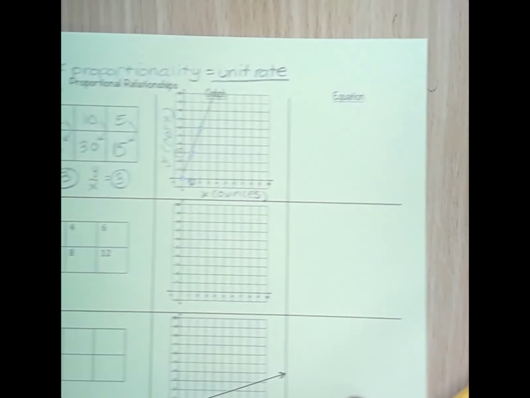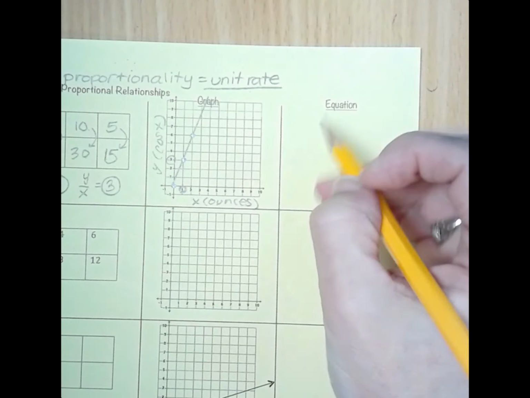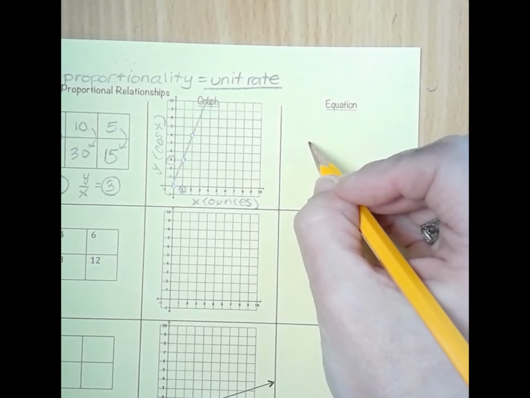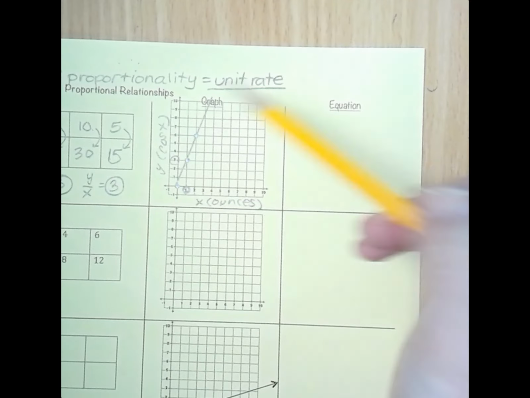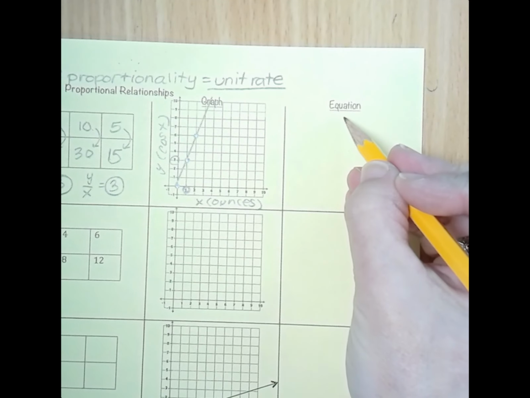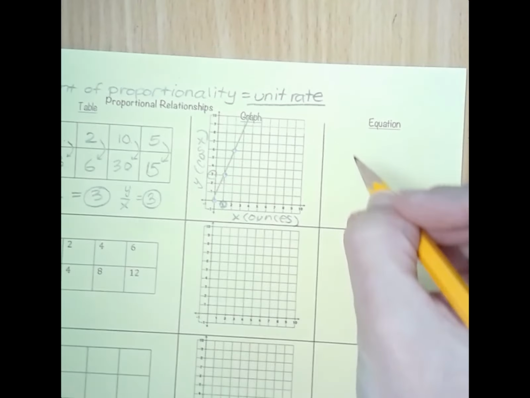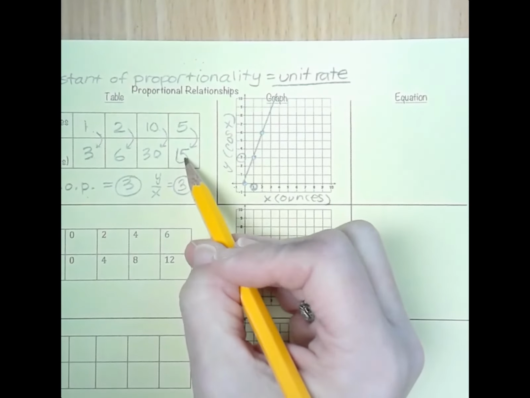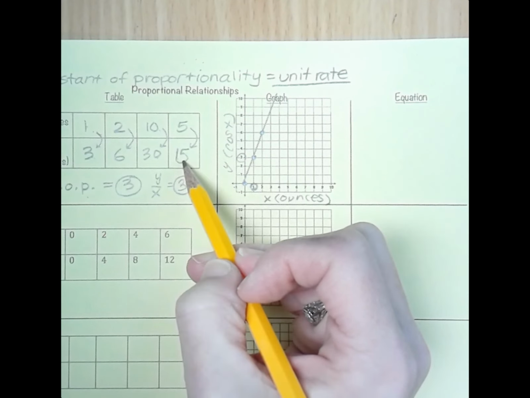Okay, last, we want to be able to write an equation for this. This is how mathematicians describe relationships. Instead of showing a graph or showing a table, the shortest way to do it is to write an equation. And it's a really simple equation. If you notice in the chart, we had said that the y value is always 3 times the x value.